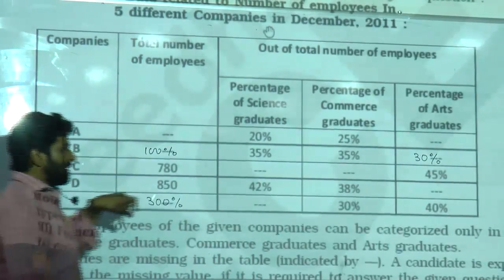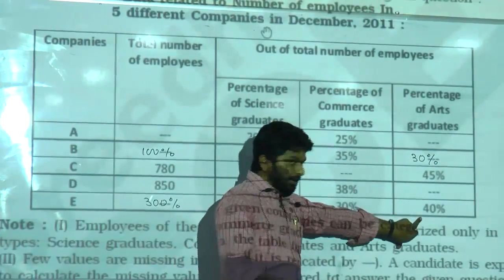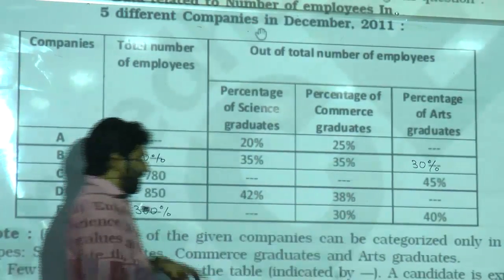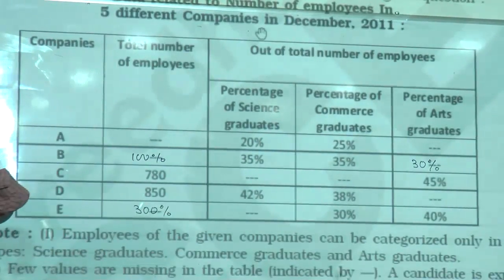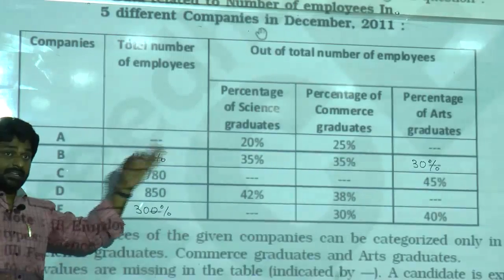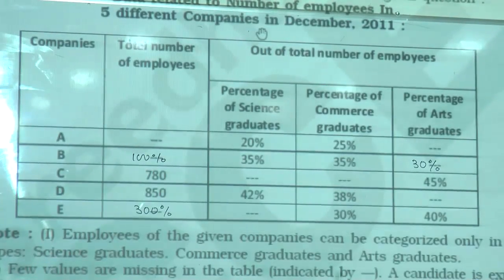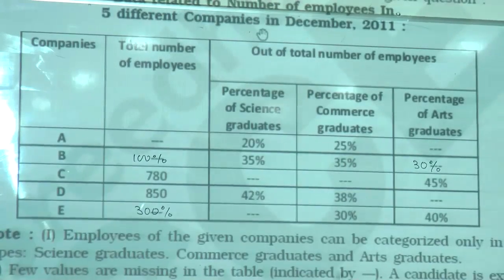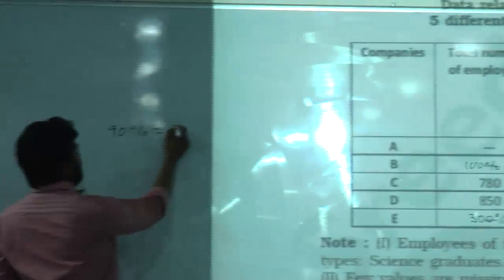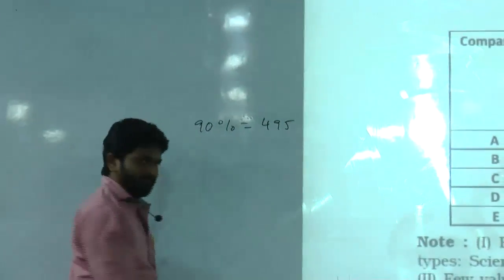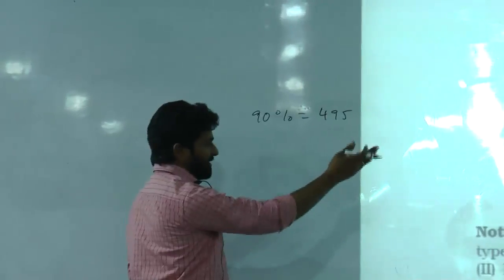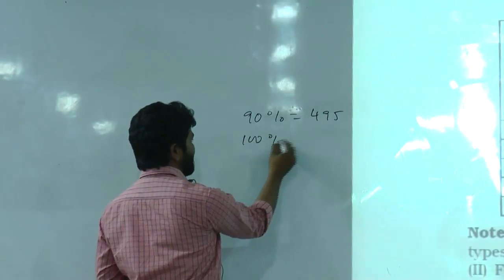Next, in company E we have 40%. 40% of 300 is 120. Earlier we got it as 30. What is the difference in terms of percentage? 90%. And that 90% is given as 495. You are asked about the number of employees in company B, which is 100%.